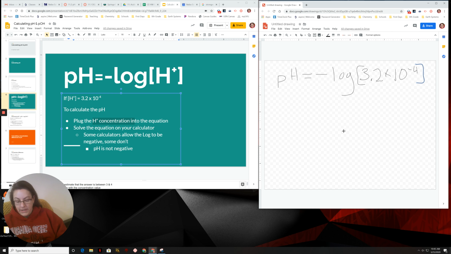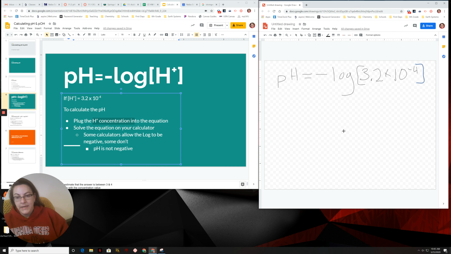And then you plug in your concentration, 3.2, and you can do the EE because this is the TI, and then -4, and hit enter.